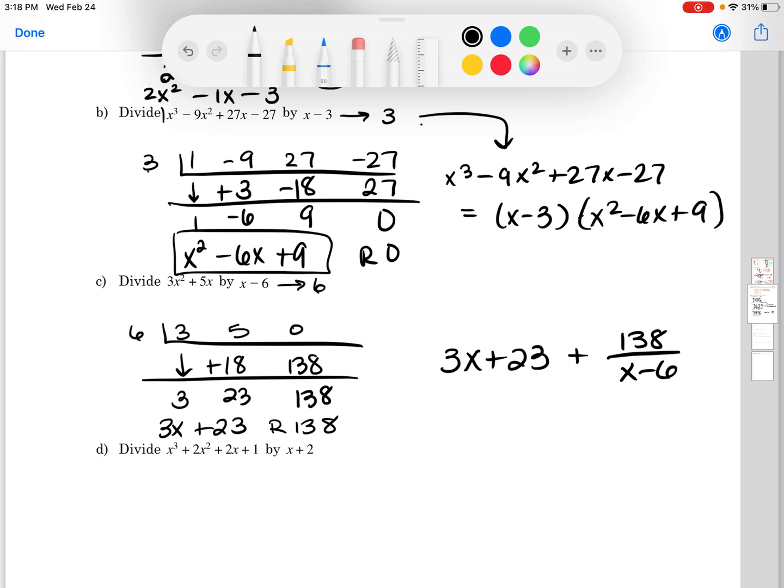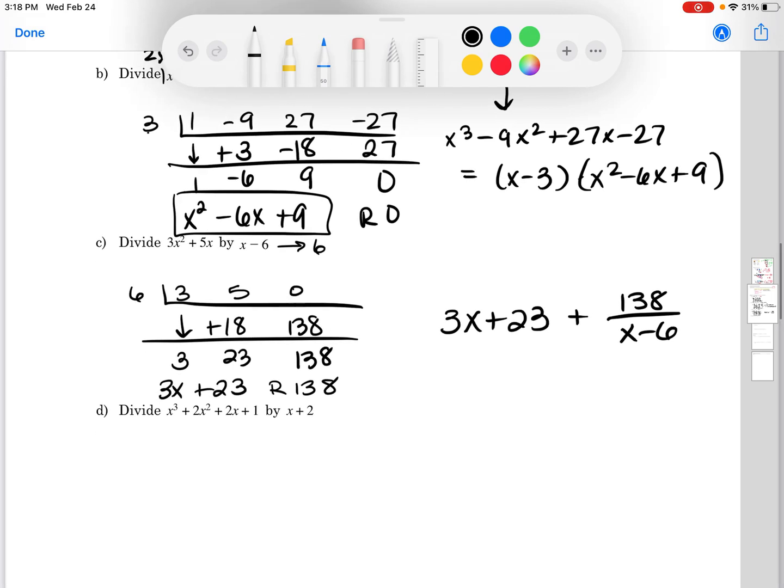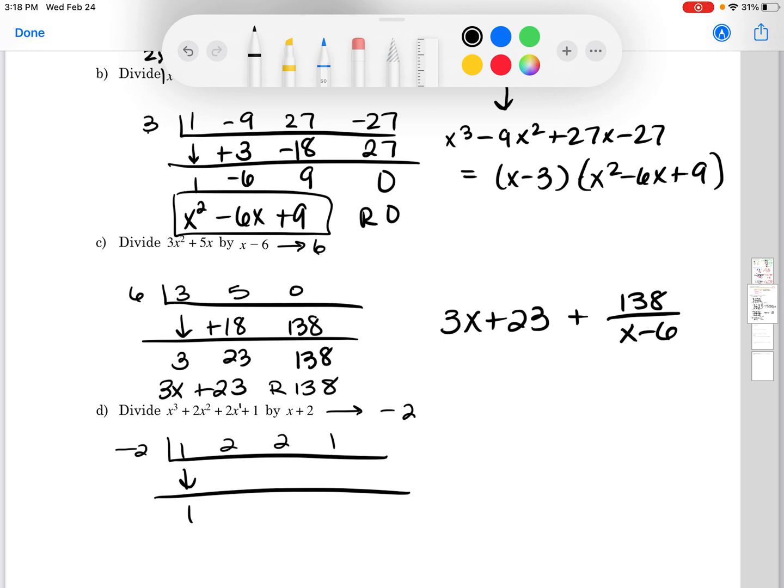All right, let's see one more. So we have a negative 2. We're going to change that to 1, 2, 2, 1. We didn't skip anything. That went third power, second power, first power, no x's. Bring down the 1, multiply, add, multiply, add, multiply, add.